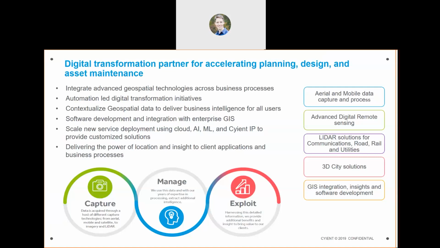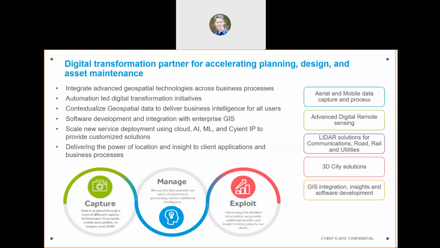So, to put it in a slightly different view, one way that we describe what Cyient Geospatial Division does is we help manage the capture, manage, and exploit continuum around data, and especially geospatial data. So there's different data sets that exist out there.